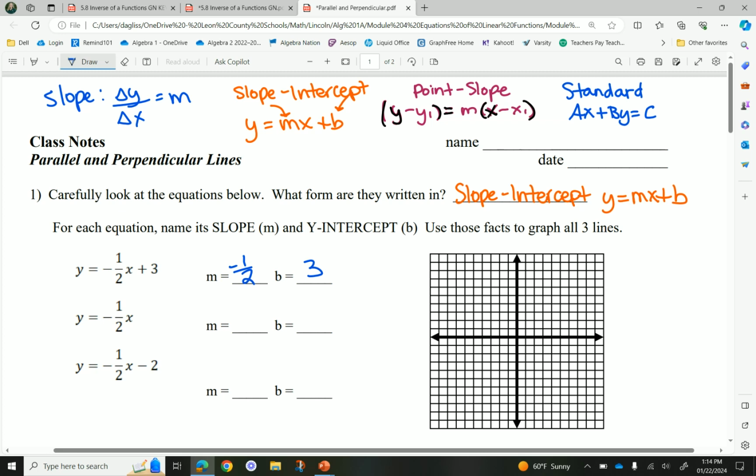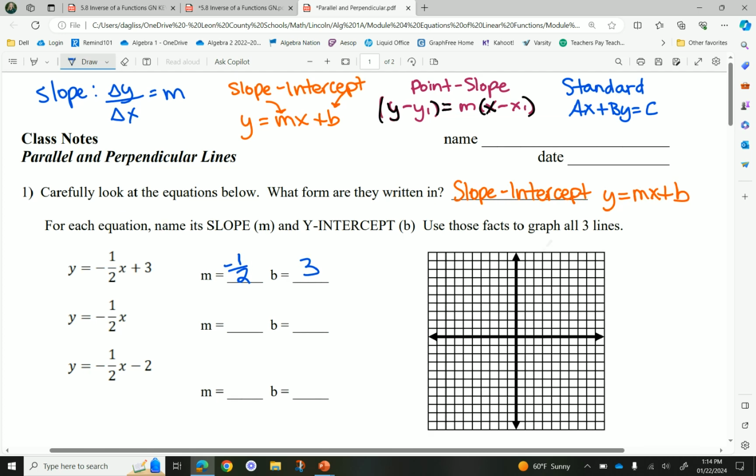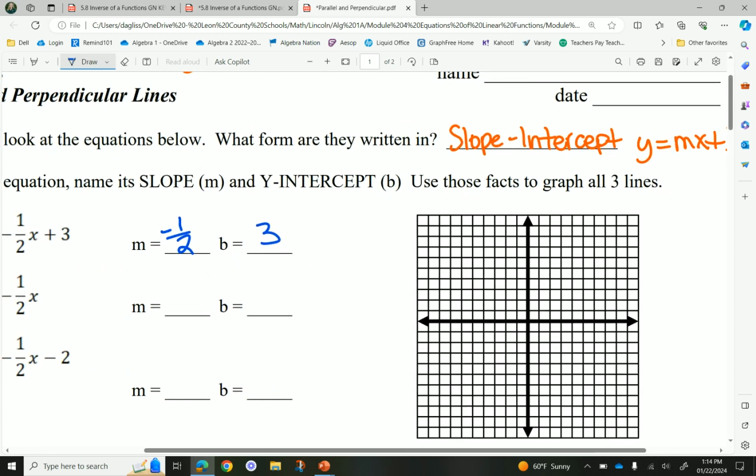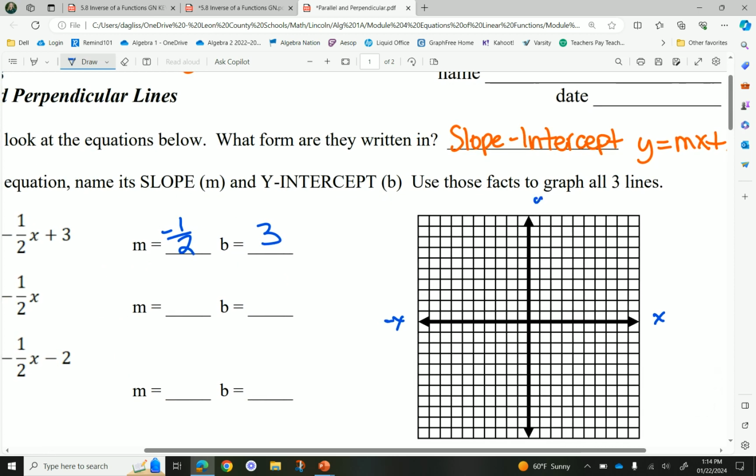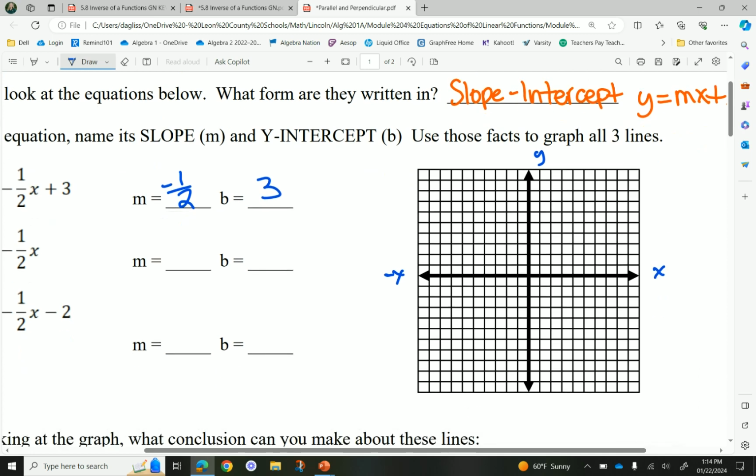Do you remember how to actually graph this? So a y-intercept of 3, remember these are my x's, these are negative x's, these are y's, these are my negative y's. This is a y value of positive 3. b is where you begin the line. So I'm going to begin with the positive 3 right here.